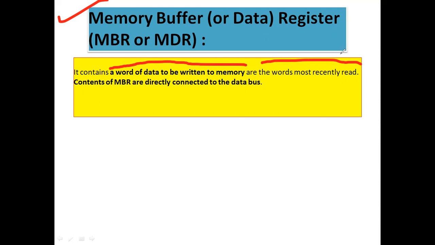You know the meaning of buffer. Okay, so buffer means what? Can anybody tell me? Sir, temporary storage. Very good. Okay. So the contents of MBR are directly connected to the data bus, as I have already mentioned. So you got it. What is MBR?